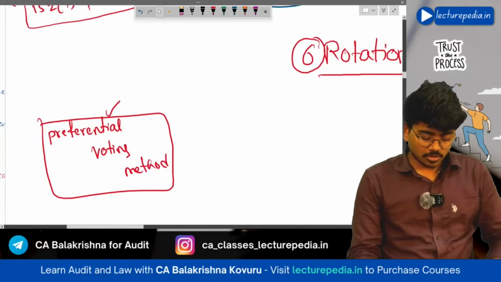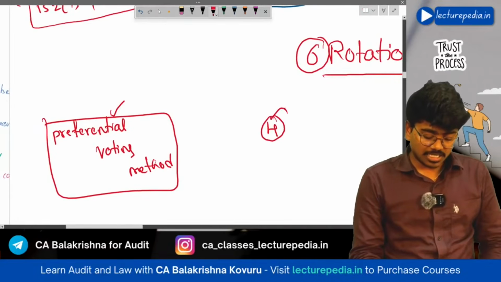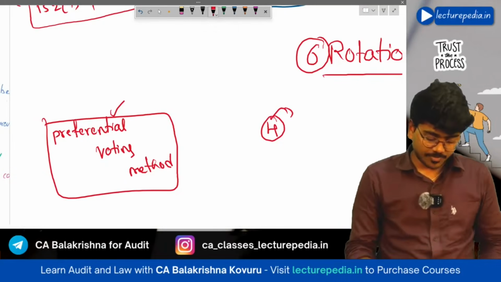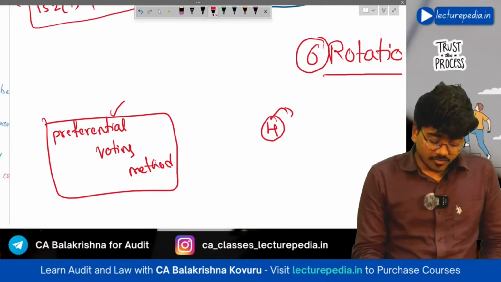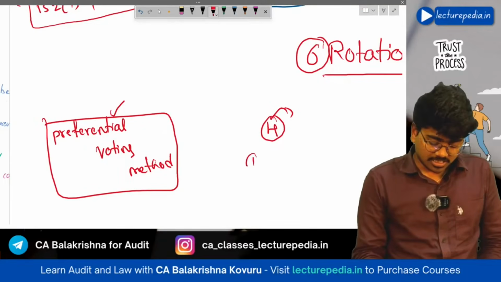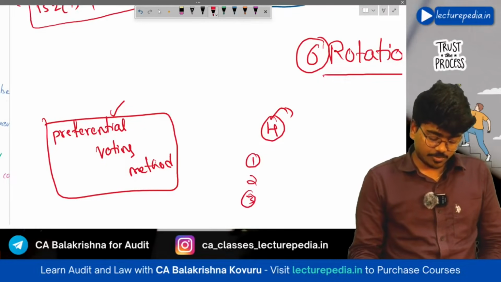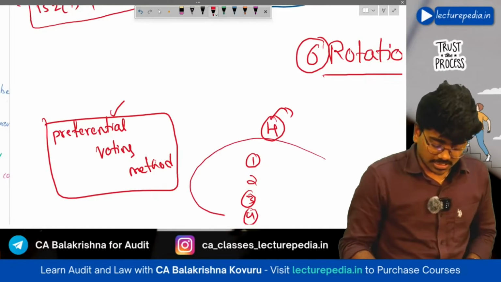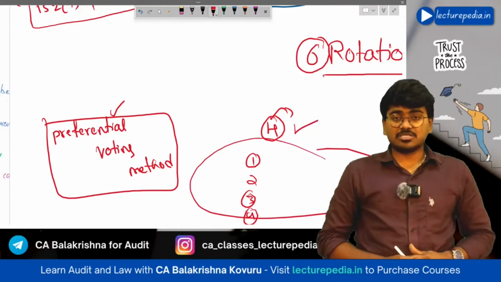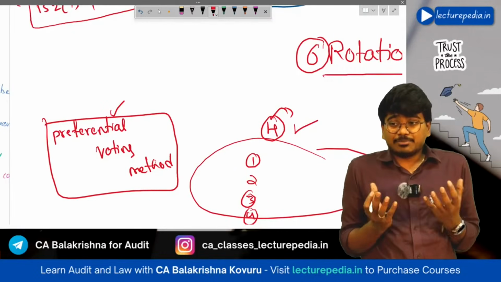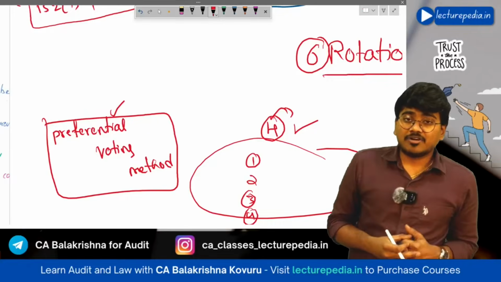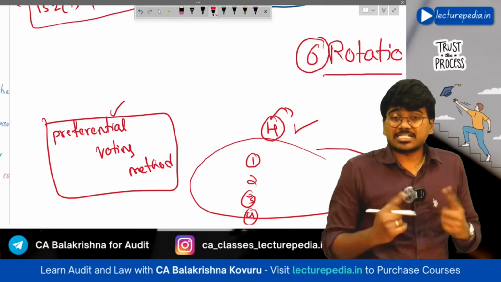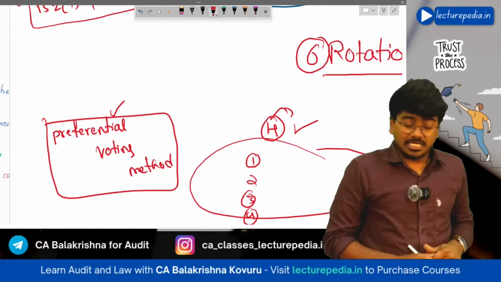Let's say there are 4 persons who are contesting for the directorship. Now the shareholders will give their preference: first preference, second preference, third preference, fourth preference. Based on this, the directors will be selected. Since a separate method is being followed for appointment of directors, the concept of rotation of directors is not applicable here also.